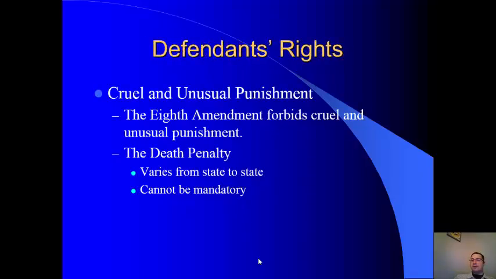Cruel and unusual punishment. Again, there's a lot of debate. Nebraska just recently passed a law ending capital punishment in the state. The governor then vetoed the ban on capital punishment, and then the Nebraska legislature overrode that veto and reinstituted the ban.